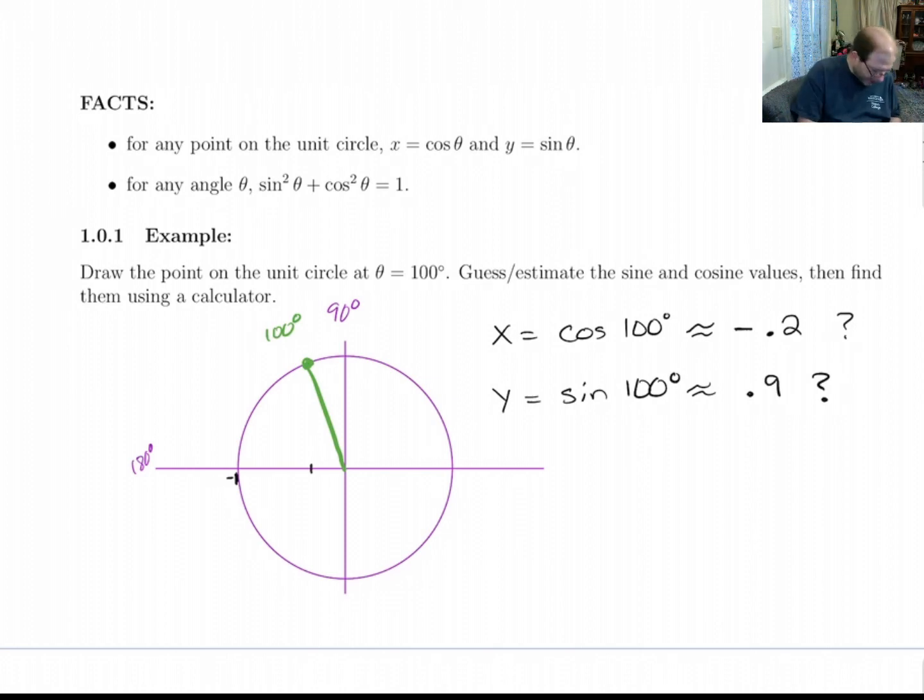All right, if I get my calculator and estimate that, well, I've already put it in here. Don't know if you can see that very well, but for cosine of 100, the actual value is, this is like Price is Right, negative 0.17, etc. And y is 0.98 something.